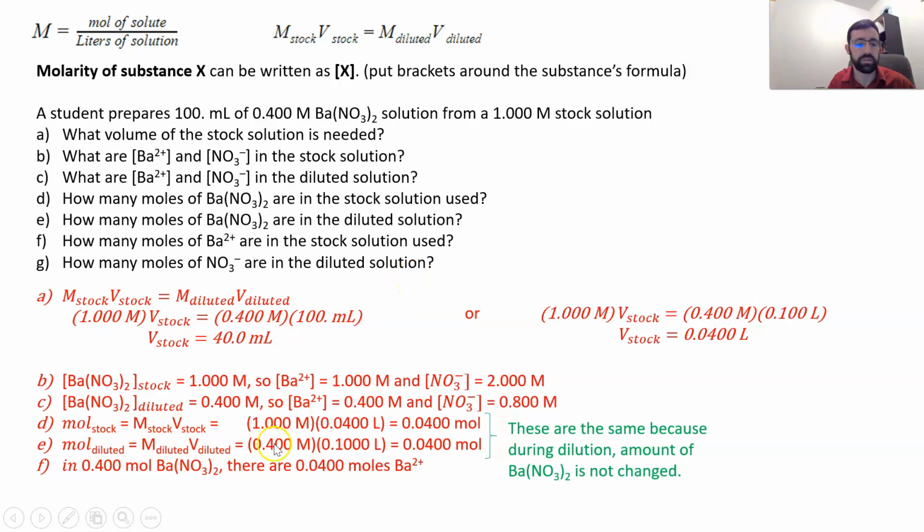So our diluted solution, that's 0.400 times 0.1000 equals 0.0400 moles of barium nitrate, which is going to be, we're going to have twice as many moles of nitrate ions because we have that subscript of 2.